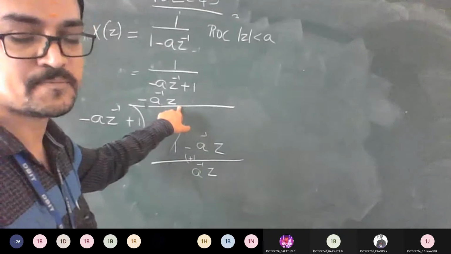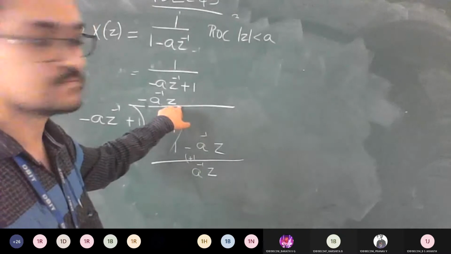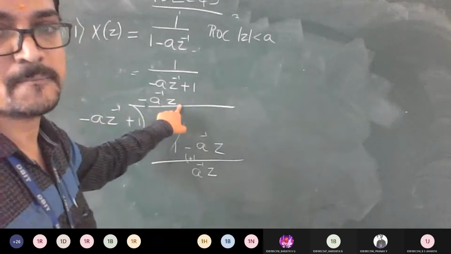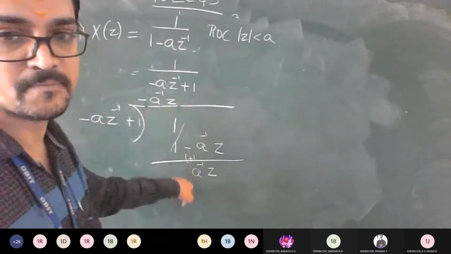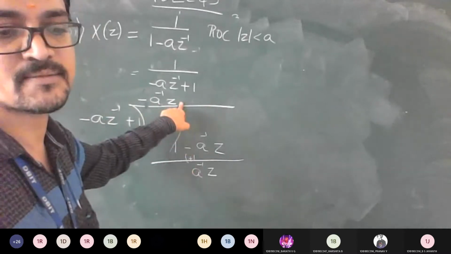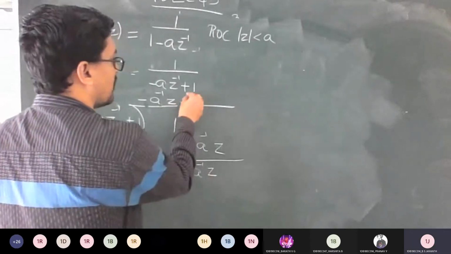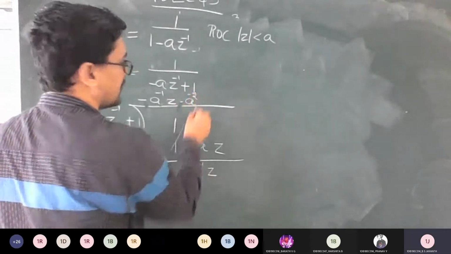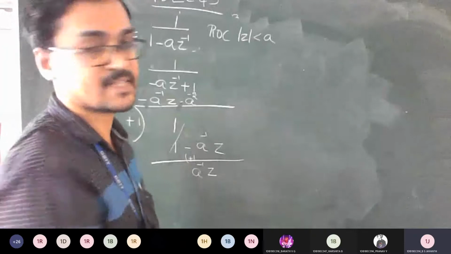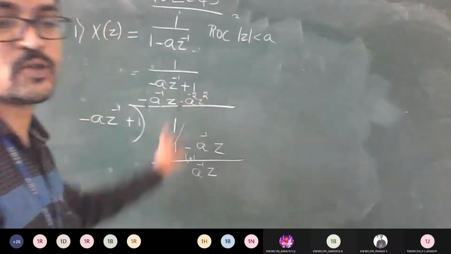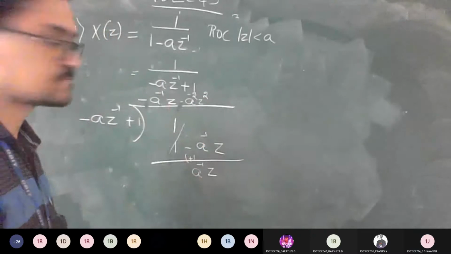Minus is here, so I should get plus here, so again I should give minus. Is it minus a to the power minus 2, sir? a power minus 2 into z will happen z raised to z square, sir. So if you do that, what is the answer here?